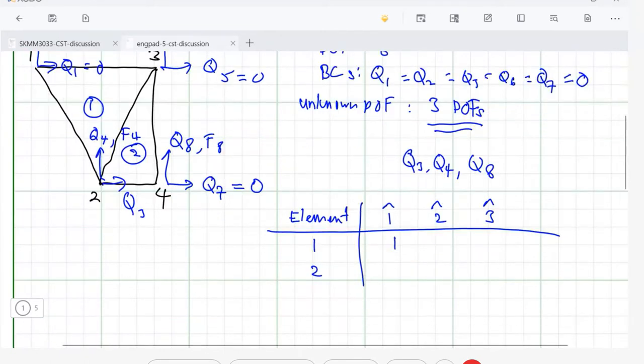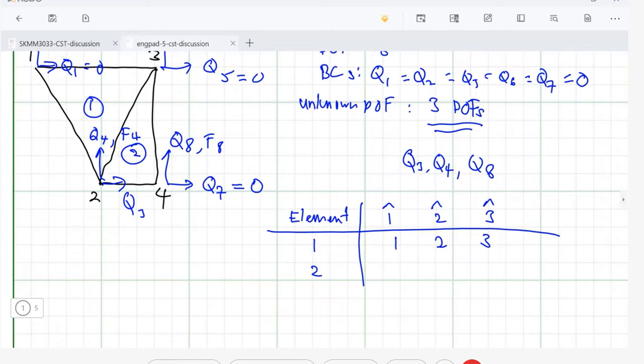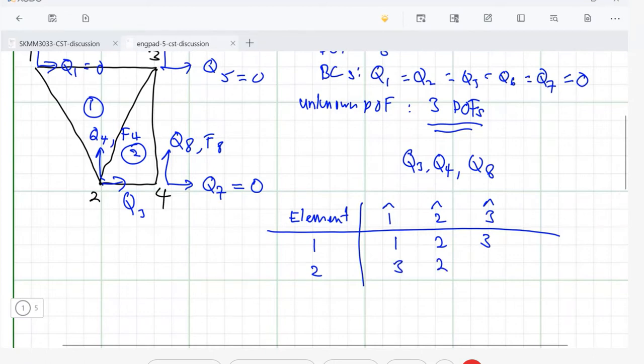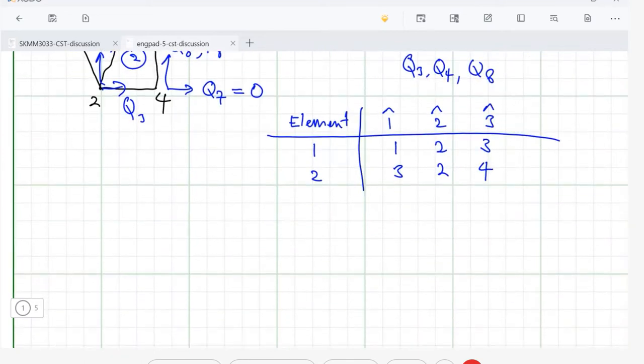So this is the same, 1, 2, 3. And for element number 2, local node 1 is this one, which is global node number 3, then 2 and 4. So this is very critical, this element connectivity table.